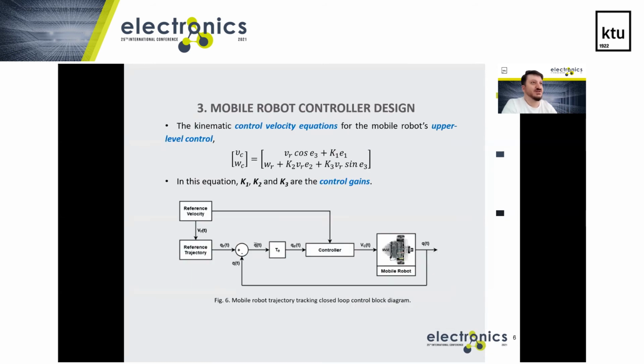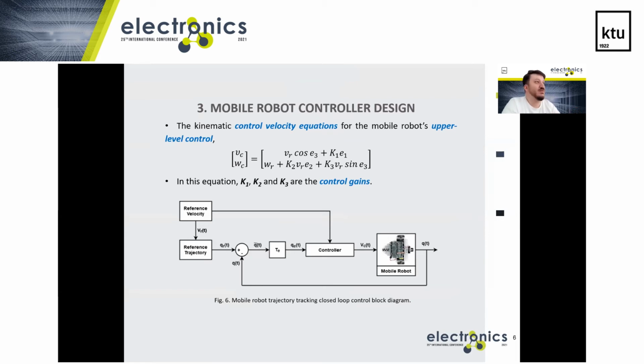In section 3, I want to talk about the controller design. As I said, we designed an analytical kinematic controller. You can see in the following equation the control velocities of the mobile robot. This is called the upper level control. In real time, we have two parts for the control approach.